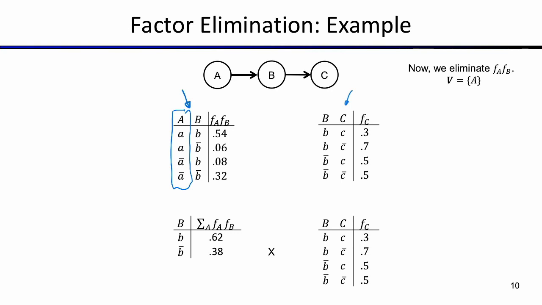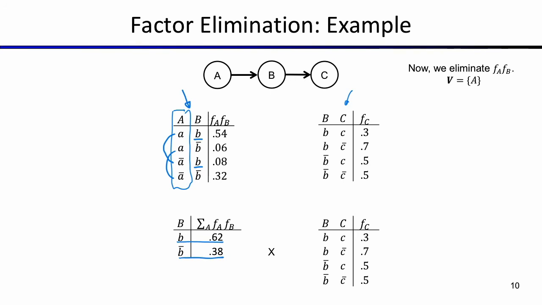So we start by eliminating the variable A, and that's a very simple process. What we do is look at the variable B, and we have here B true and B true, and we sum over all possible values of A, A and not A. That's going to be this entry here, 0.54 plus 0.8, and the other entry is going to be these two here, 0.32 plus 0.06, giving 0.38.